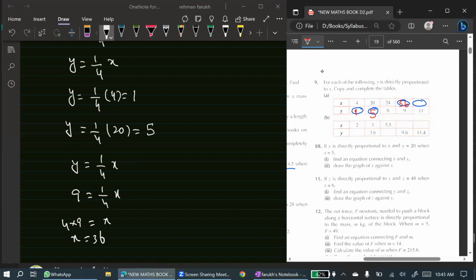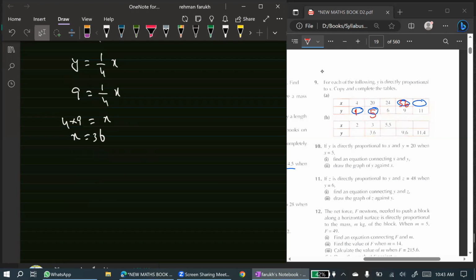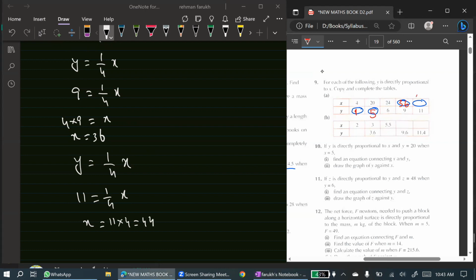Now we will put y is equal to 11, x is equal to 44. Yes, x is equal to 44.